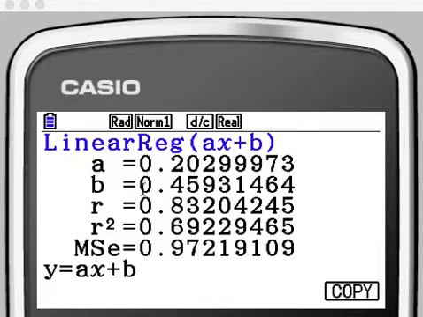Our B value tells us that when the independent variable is 0, or when temperature is 0, we would expect that the number of cricket chirps per second is about 0.46. So at 0 degree temperature, we would expect about 0.46 cricket chirps per second.